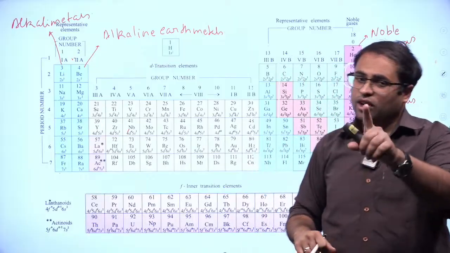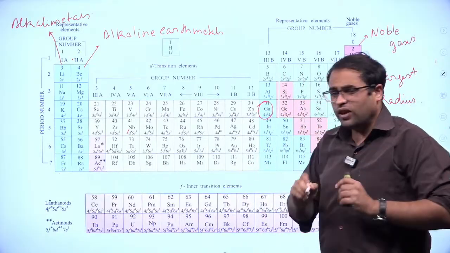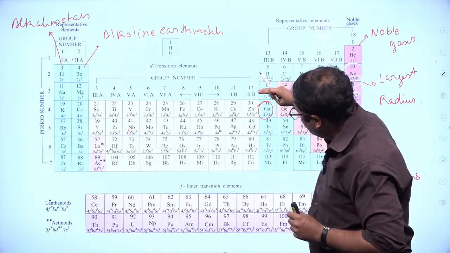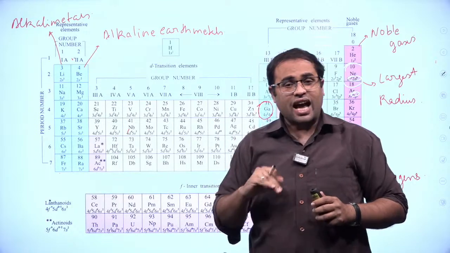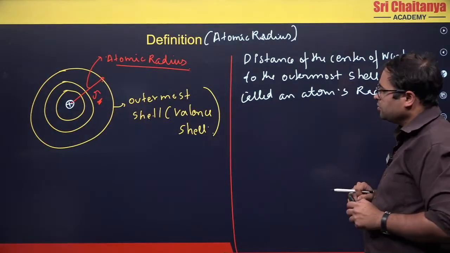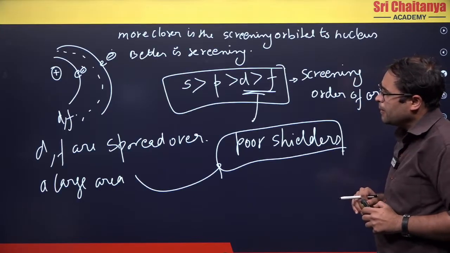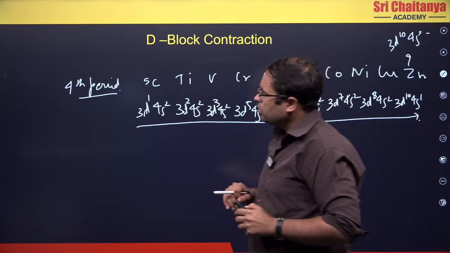Now the d orbital is not very good at protection. So gallium feels the nucleus's full force, and as you go from aluminium to gallium, the size remains the same, right?